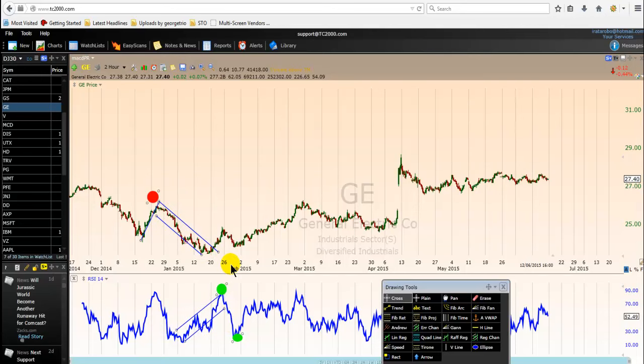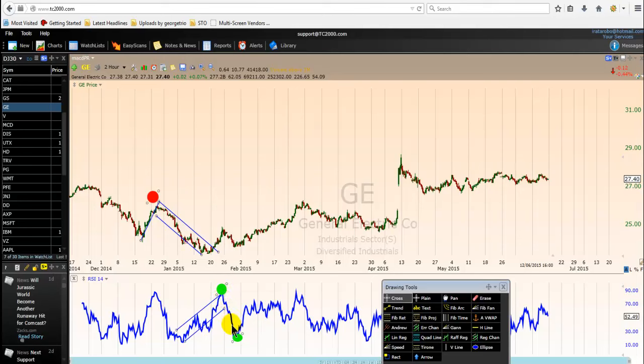Now RSI changing direction, came out of the rising channel, and now it's changing direction for the second time. So this is where it changes direction for the first time to break the rising channel, to allow the RSI to come out of the rising channel.